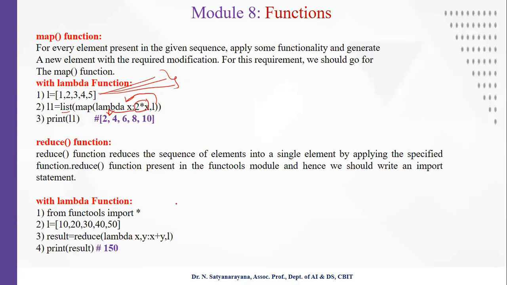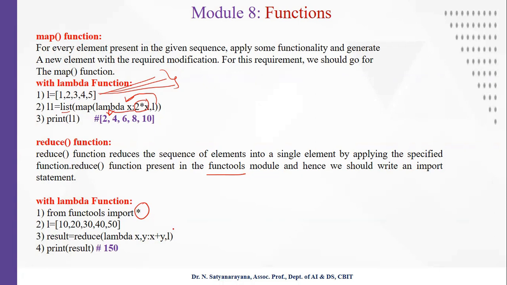There onwards you can access the elements in the form of a list. The same goes for the reduce method, but reduce is not a simple library function. You need to import the functools module. From functools, we need to import all the modules, because I have placed a star here, which means all the modules and functions are imported from functools. Then the reduce method performs aggregate operations using the lambda function.